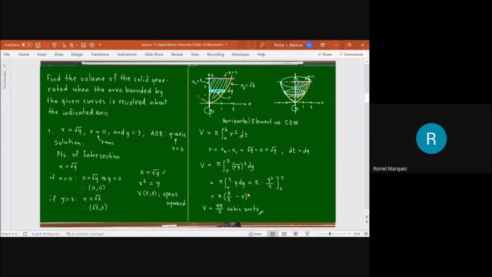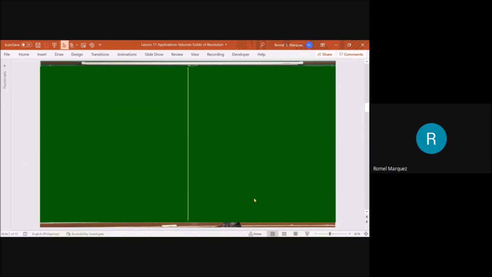Okay, guys. So again, if you're planning to use circular disc method, be sure your element is perpendicular to the axis of revolution. And it should be appropriate. Let's say you want it to be perpendicular to the axis of revolution, but unfortunately, it's not an appropriate element. The appropriate one, for instance, is the one that is parallel. There is another method for that.